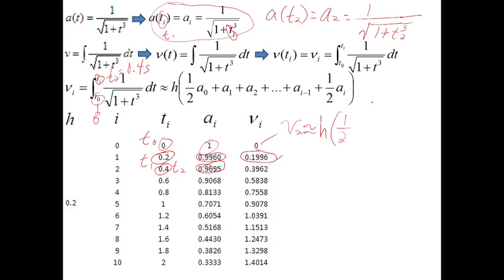So we have a sub 0, we will stop at a sub 2, so plus a sub 1. That is 2 minus 1, so that is a sub 1. Then we'll stop at a sub 2, so this is now 1 half a sub 2.